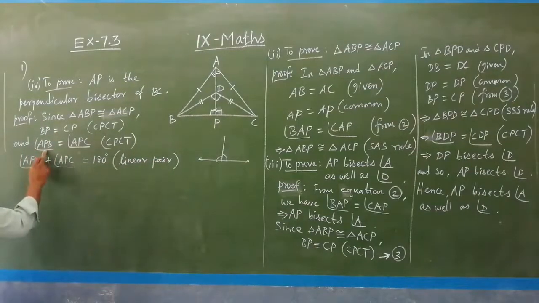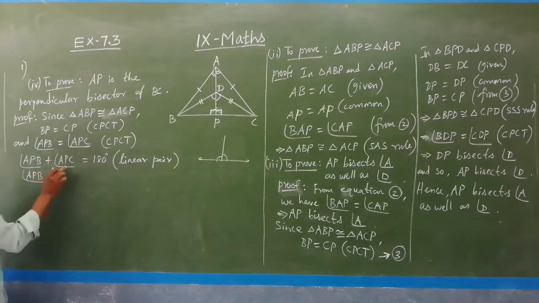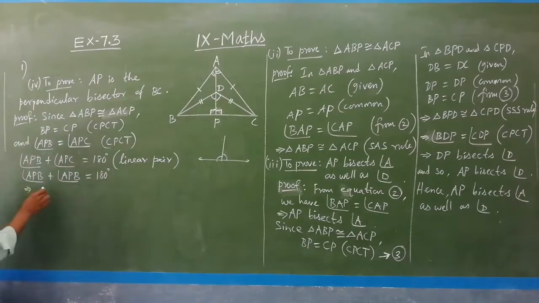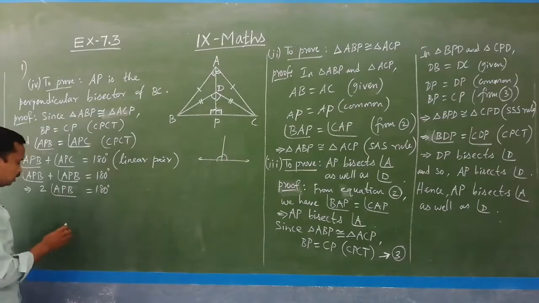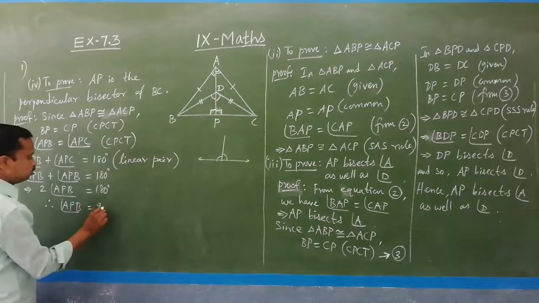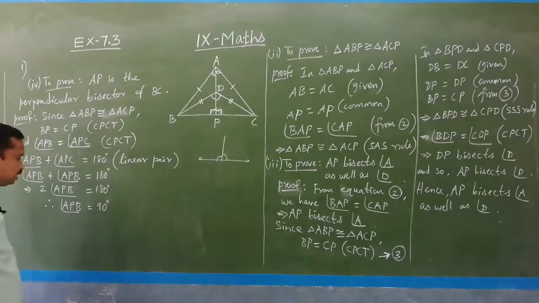But APB and APC are equal, so we can replace one by the other. I take APB as it is and replace APC by APB, because they are equal: 2 angle APB is 180 degrees. So angle APB is equal to 180 by 2, which is 90 degrees.